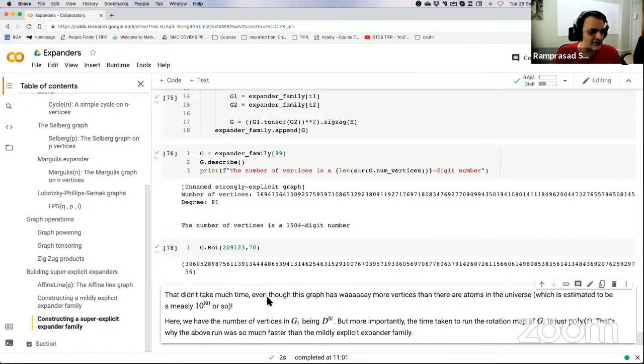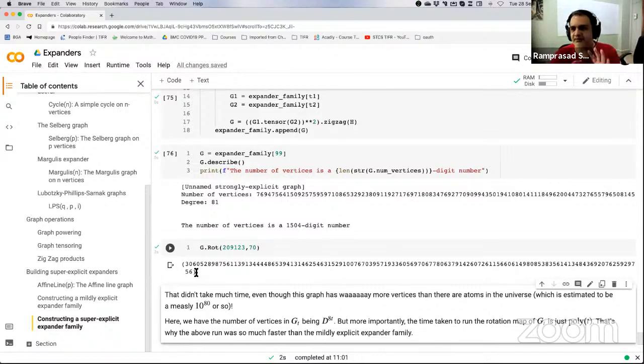Now notice that, by rough estimates, the number of particles in the universe is about 10 power 80. There's just no hope of me trying to write down this graph explicitly. But if all you care about is doing a random walk on this graph, this thing will do that for you. These happen to be pretty good expanders, and this gives you a way of constructing expanders on roughly as many vertices as you want.